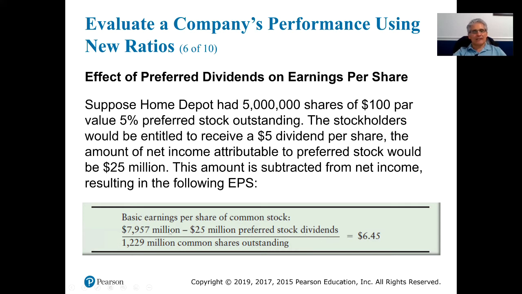And then we're going to take the amount remaining after that subtraction and divide it by 1,229,000,000 common shares outstanding. And that gives us an EPS, or earnings per share, of $6.45 per share.